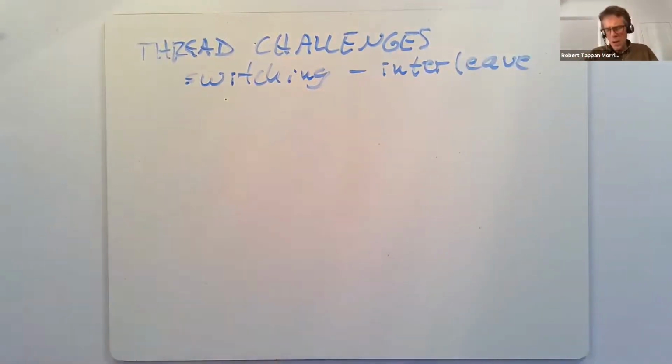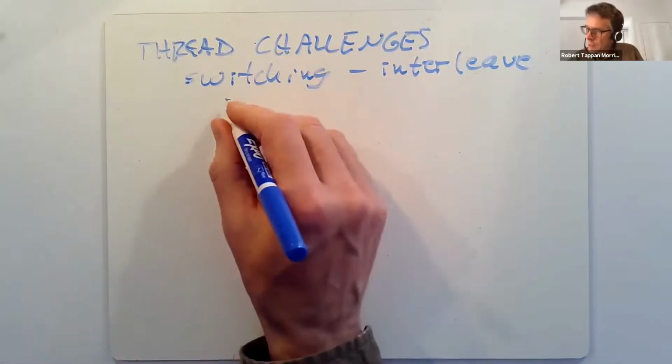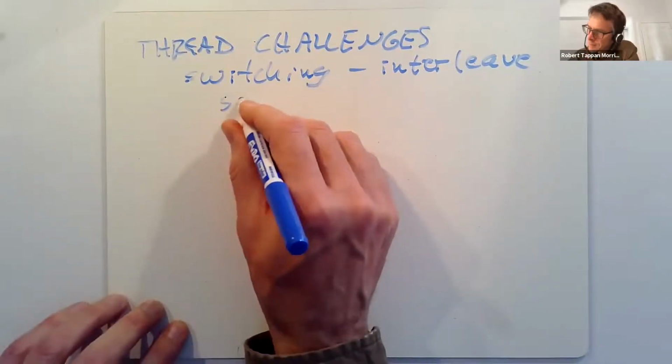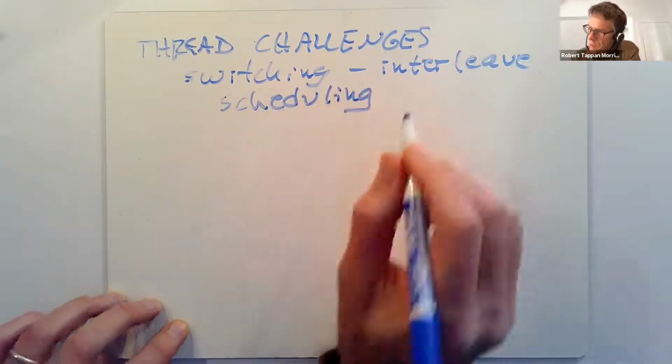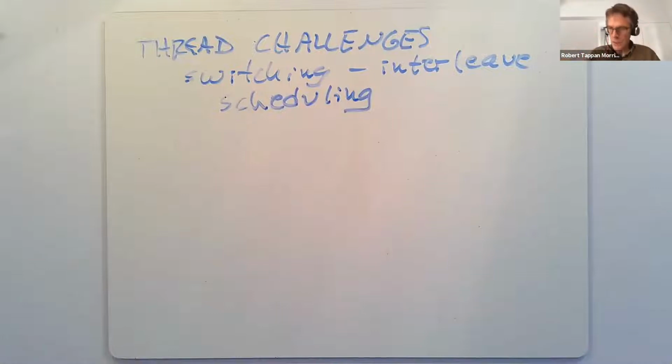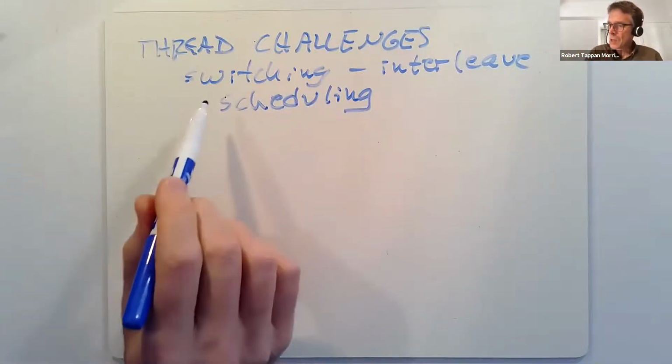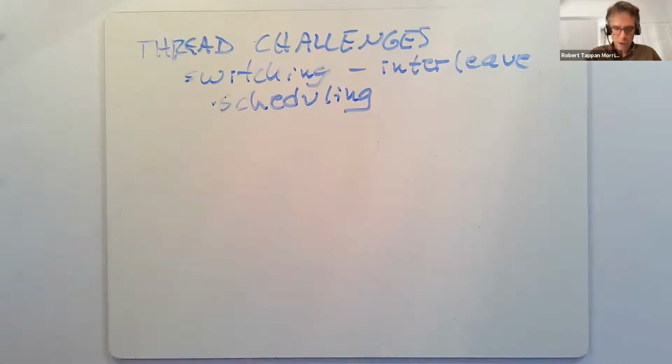This broad process of switching, deciding, oh, I'm going to leave off one thread and start executing another thread, is often called scheduling. And we'll see that XV6 indeed has an actual piece of code that's the scheduler. Indeed, it has multiple schedulers, one per core. But the general idea of how you drive the decision to switch from one to another, how to pick the next thread to run, is called scheduling.